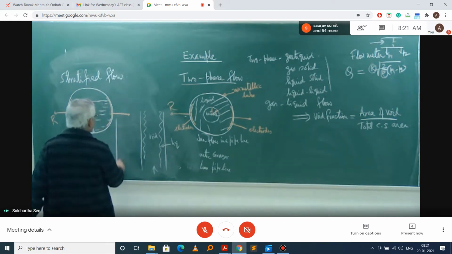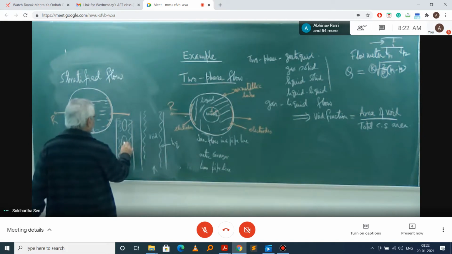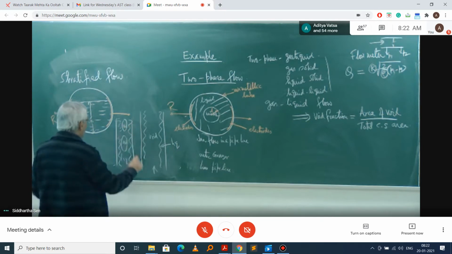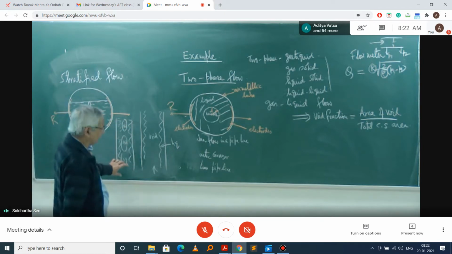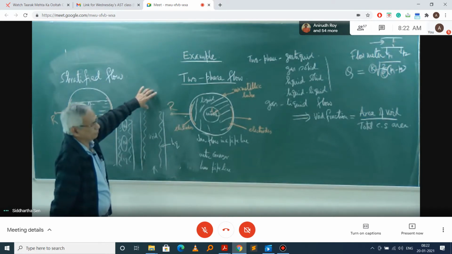It could be that this is the liquid there, but there are certain voids, that means it forms some distinct bubbles, or maybe if the bubble is too much, these voids will get linked up and overall it will be going like this.